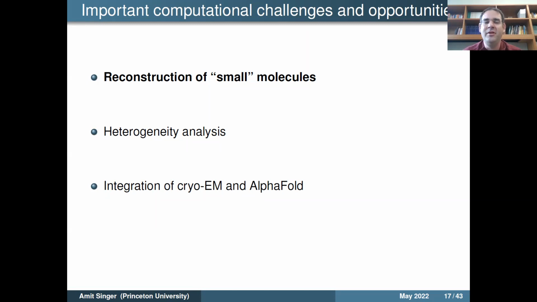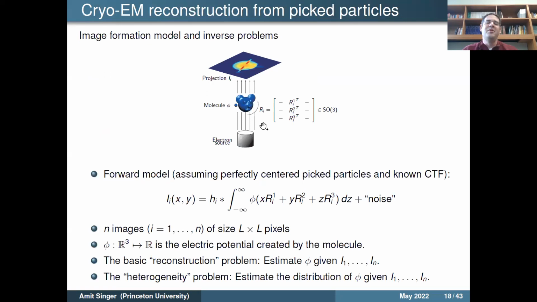AlphaFold can give you really good priors on how the molecule should look, and so how to integrate that with cryo-EM. Today, I'll not be able to talk about all three topics, so I'll just focus on the reconstruction of small molecules as a motivation for what we're going to discuss.